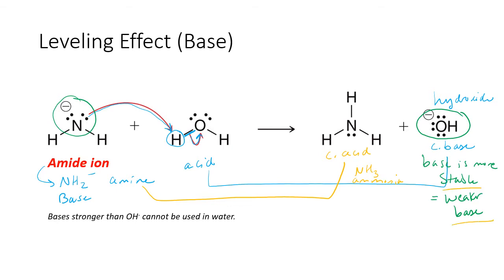And so for the amide ion, when comparing that to the hydroxide ion, this is less stable because we have a negative charge on nitrogen, which is less electronegative than oxygen, and less stable means more reactive, and that means stronger base. And remember, it's all relative. We're just comparing these two bases to one another.